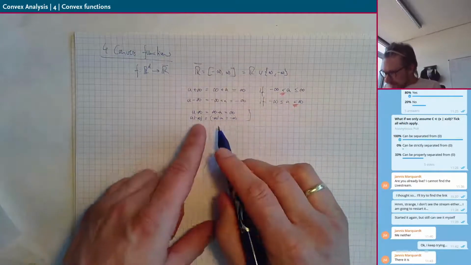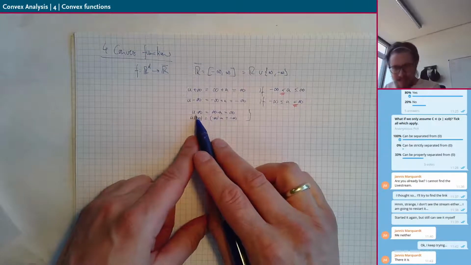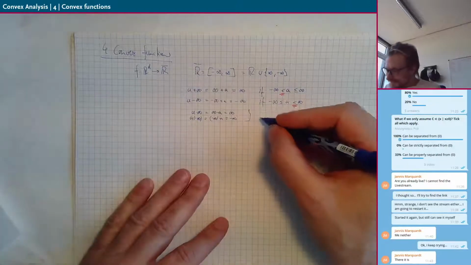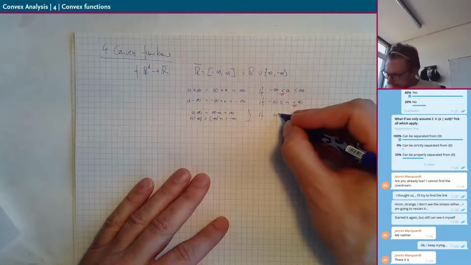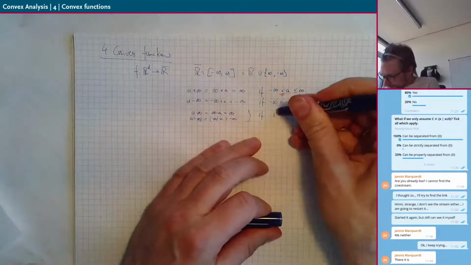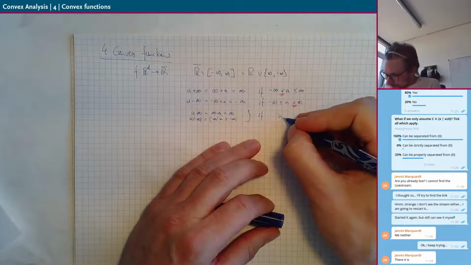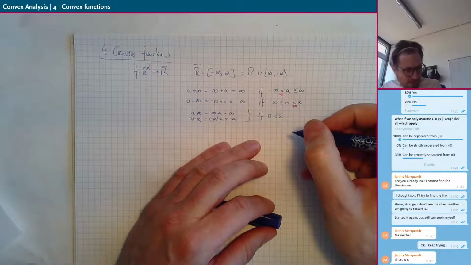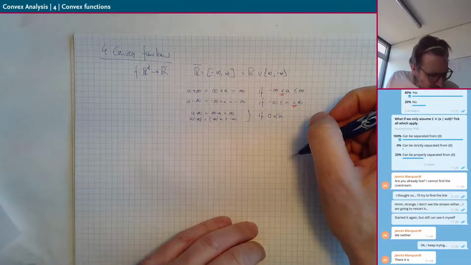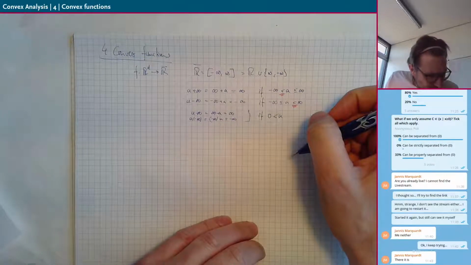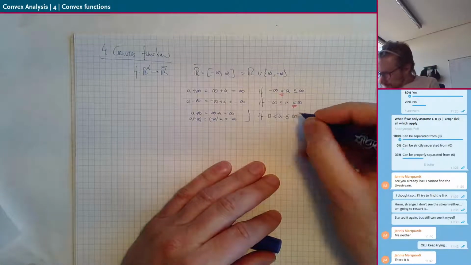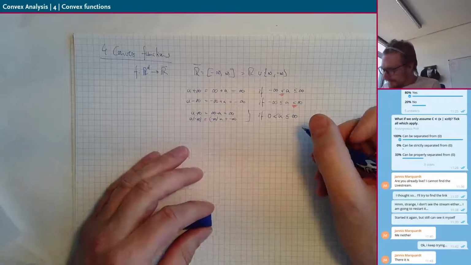But multiplying infinity by some number should kind of give you the same type of infinity if a is positive. Yeah, if a is positive.